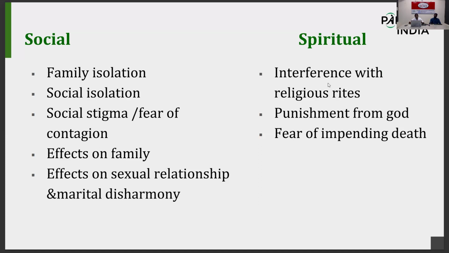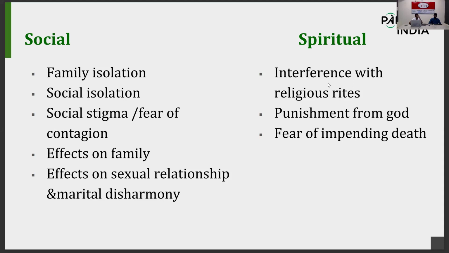So it will lead to family isolation. Then they will face social isolation, social stigma and fear of contagion. And this will adversely affect the family dynamics and the sexual relationship with the partners and will lead to marital disharmony.